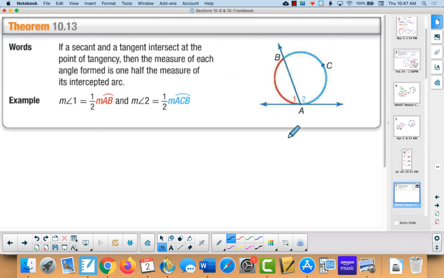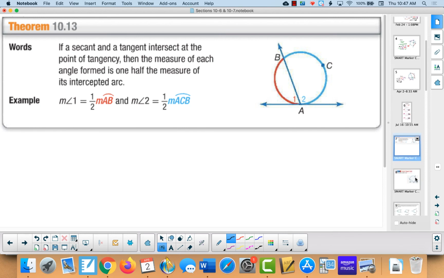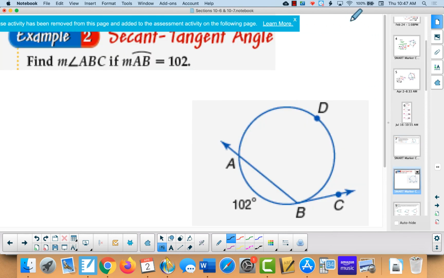So first, we're going to look at problems where we have that secant tangent where the vertex is on the circle. Anytime the vertex is on the circle, whether it's an inscribed angle or secant tangent angle, the angle is 1/2 its intercepted arc. There's only one intercepted arc.